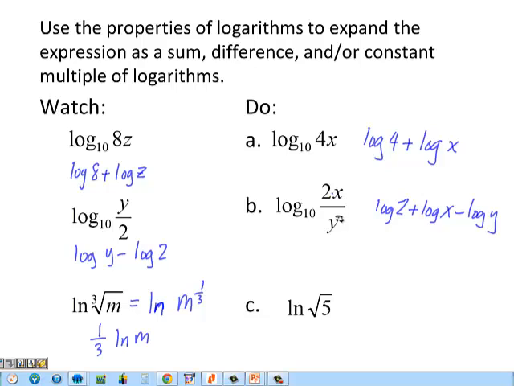Everywhere where you have it multiply and divide, you have to take it apart. And this one will just be 1/2 natural log of 5. Okay, great.